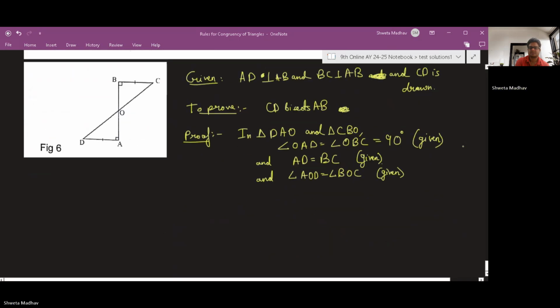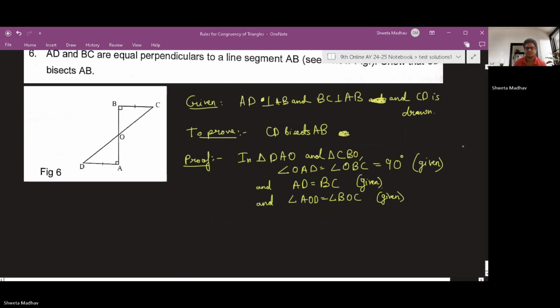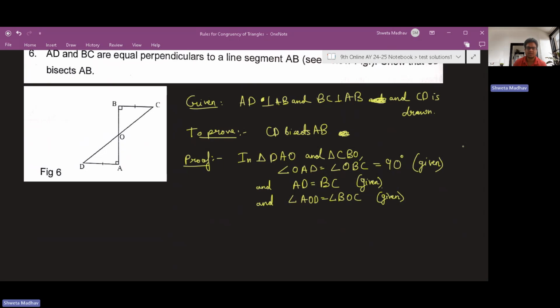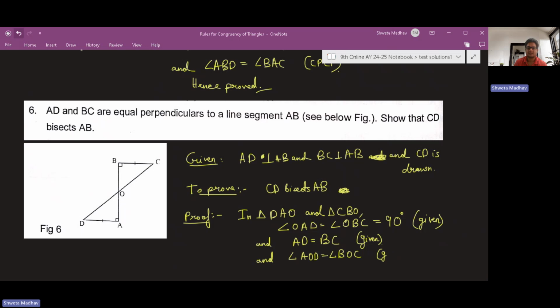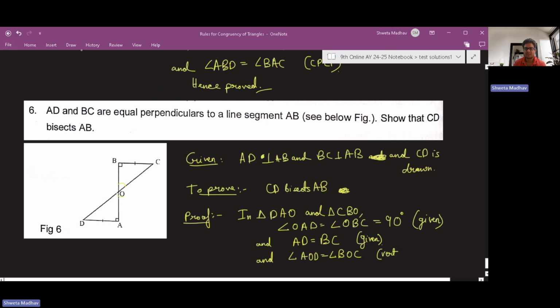Angle AOD is equal to angle BOC; this is not given. These two angles, AOD and BOC, are equal since they are vertically opposite angles. Vertically opposite angles are equal.